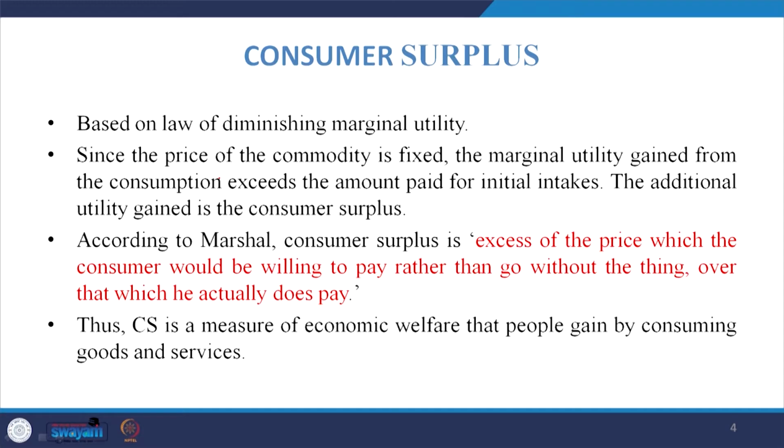Obviously, the first unit has higher utility than the second unit. In that sense, the consumer would be willing to pay more for the first unit as compared to the second, third, fourth unit, etc.